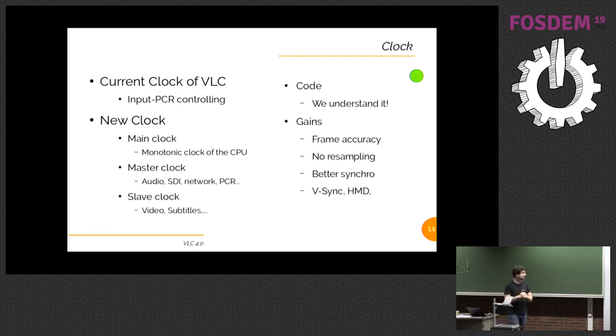Clock. OK. So the current clock of VLC is based on the input PCR. For those who don't know what PCR is, a very simple way to put it is that it's basically the clock of the encoder. So, sorry for the people who are very precise, it's not exact, but basically the encoder, when it encodes, gives its own time, and then you can synchronize on that time.